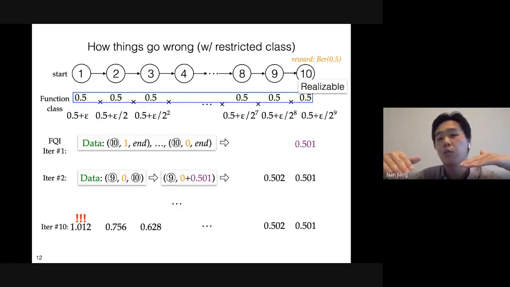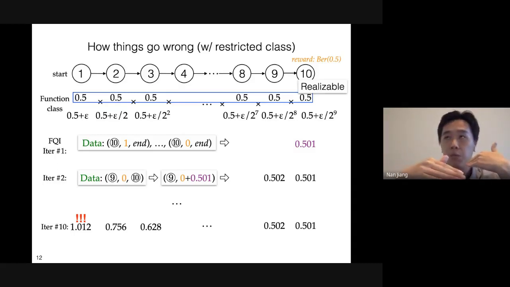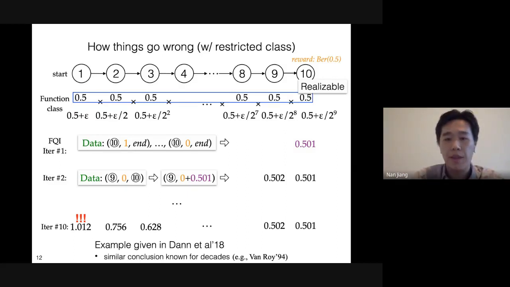So what this really says is that if you just have Q star, if you just have realizability, learning based on bootstrap targets can have compounding errors that just blow up exponentially over time.